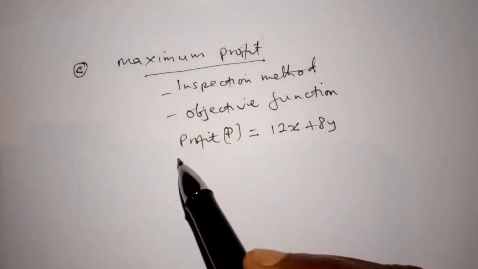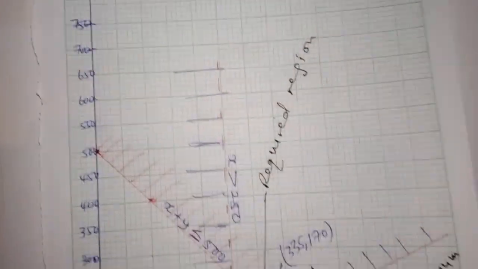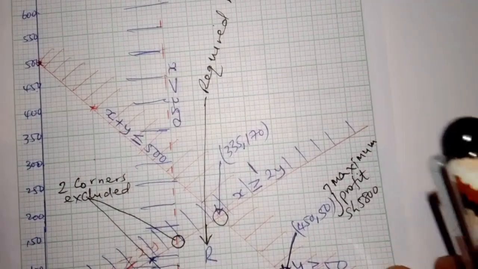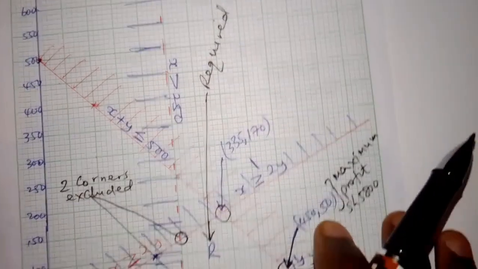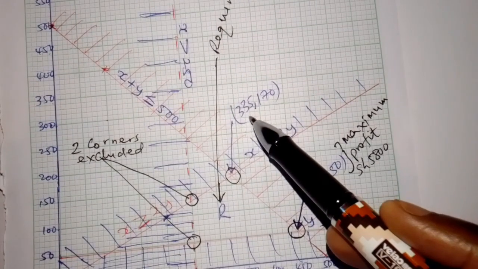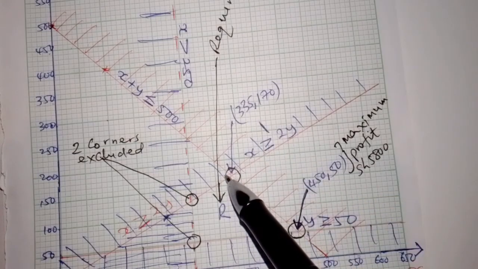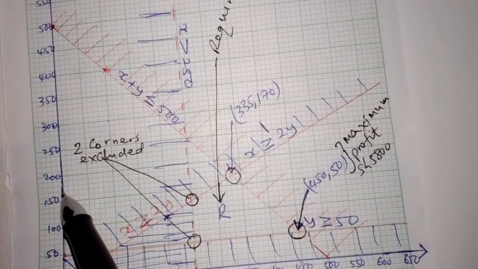Then now we are going to test the corners. We are going to test this corner here, which is 335 and 170.